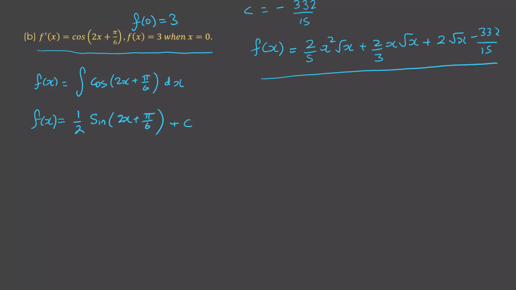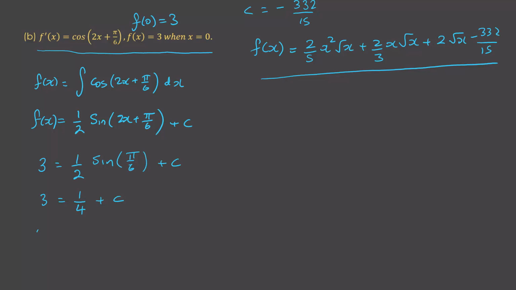Okay, we can now use the information. 3 is going to be a half, if x is 0, of sine pi by 6 plus a constant. And the sine of pi by 6 is a half, you should know. So half times a half is a quarter.